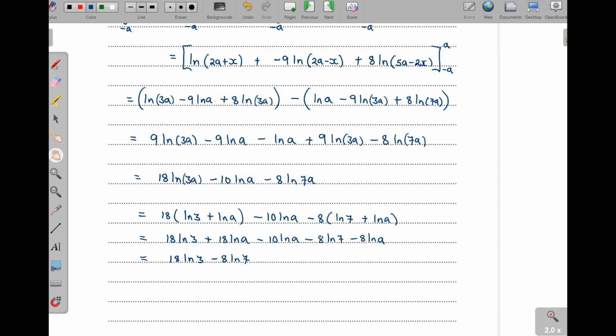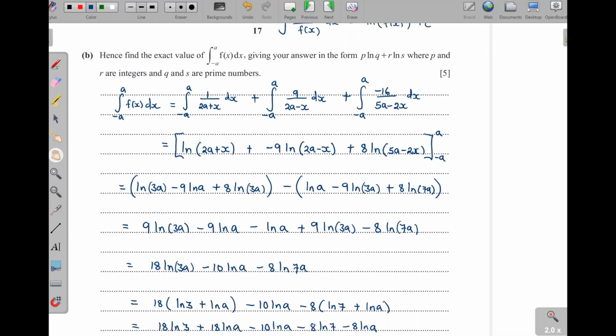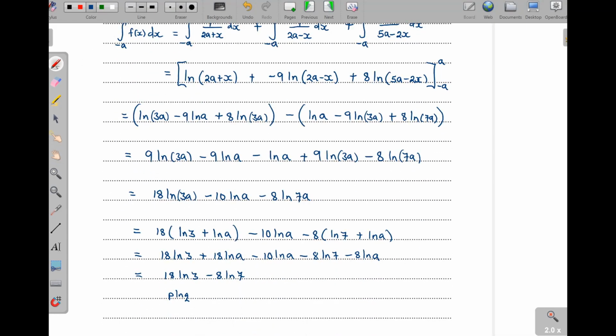So they said that we are putting it in, is it P, natural log of Q? And then the other one was what? Plus R, then natural log of S. So you can see that our P is equal to 18, our Q is equal to 3, then our R is a negative 8, and then our S is a 7.